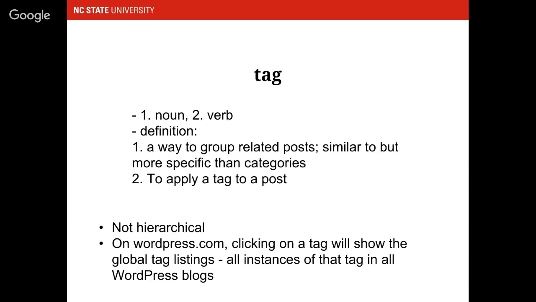Categories are big picture, tags are little picture. Categories are big picture, tags are sort of more focused. And I think I'll show you some examples when we start working with content directly in a little bit, and I'm going to stop talking about cats.